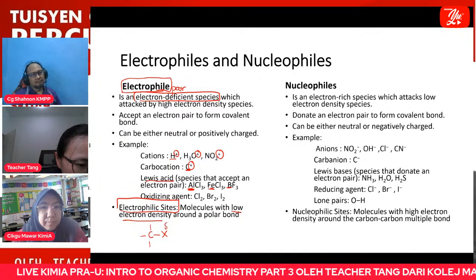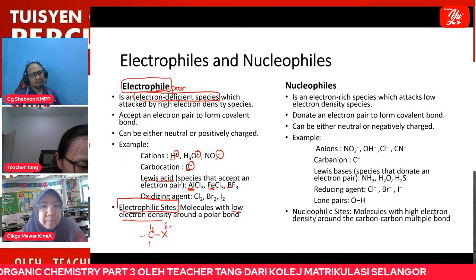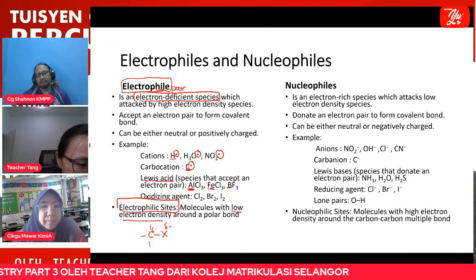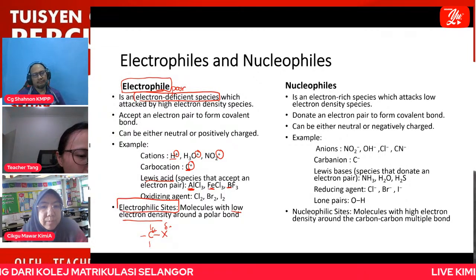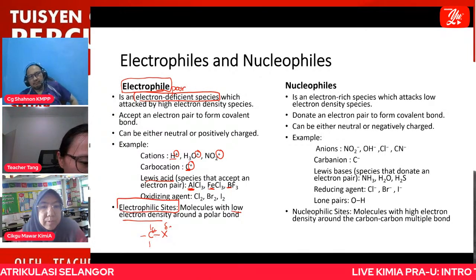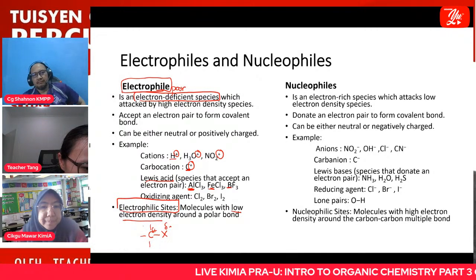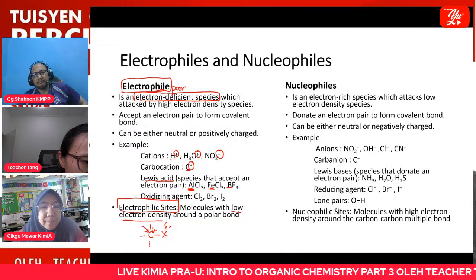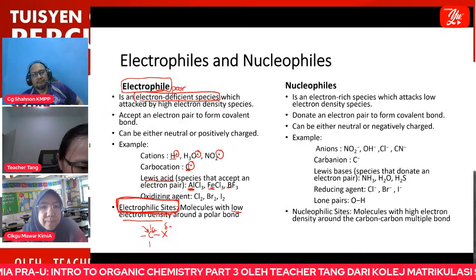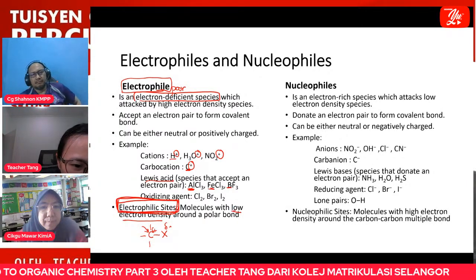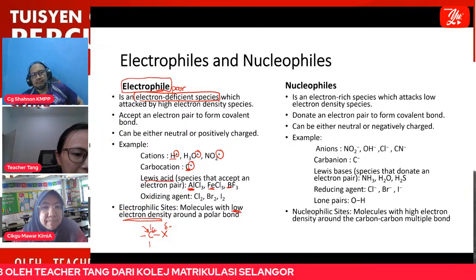Halogen is electronegative and the carbon is less electronegative, so the carbon will be partially positively charged. Therefore we call this carbon an electrophilic site, a place with low electron density.